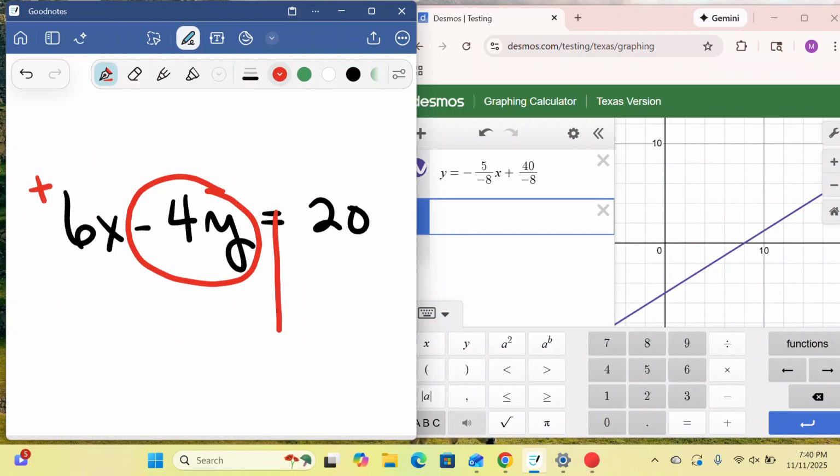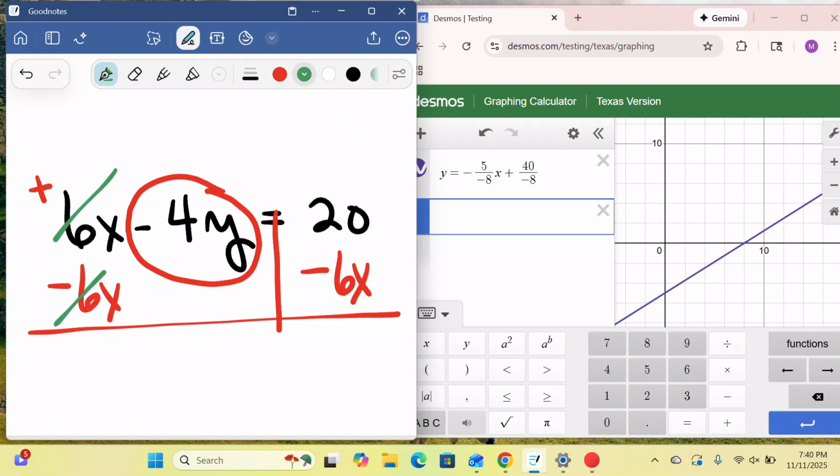How do I get rid of positive 6x? Minus 6x, but if I do negative 6x to this side, I have to do negative 6x to this side. I like drawing my line. A positive and a negative 6x gives me 0. That leaves me negative 4y equals negative 6x plus 20.